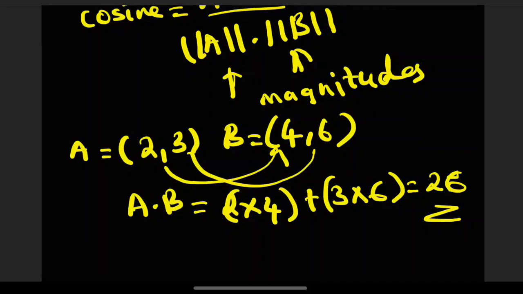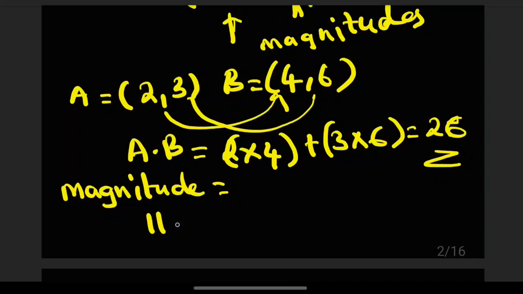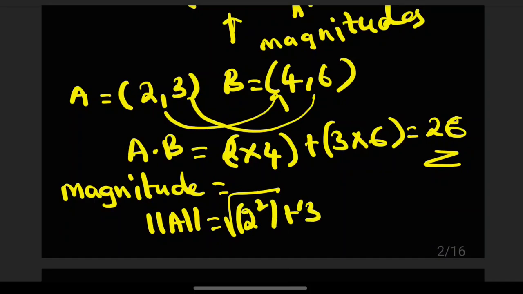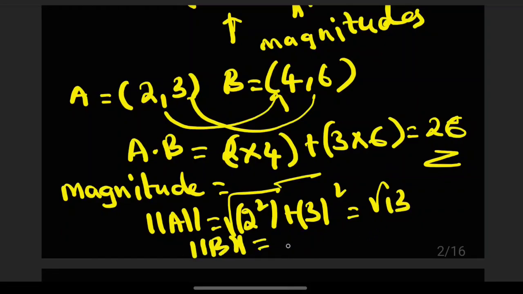26. Okay. Now we need to calculate the magnitude, since we have computed the dot product. Magnitude of A is 2 square plus 3 square, which gives root 13. Similarly, for B you will get root 52.